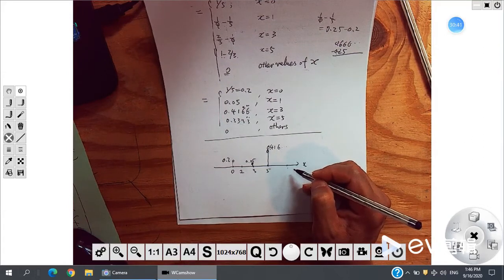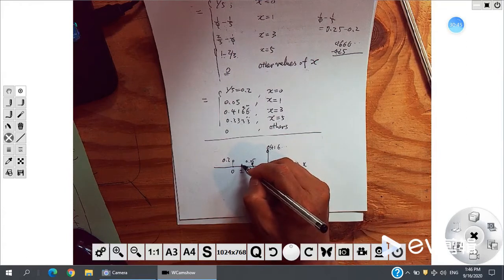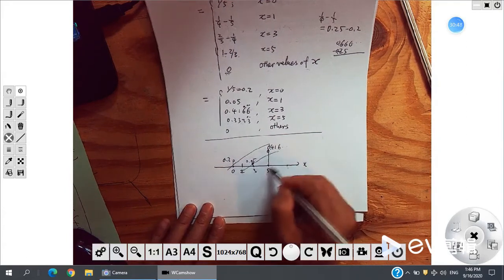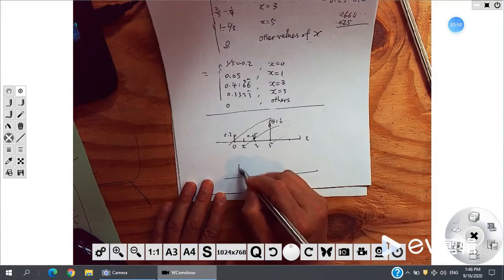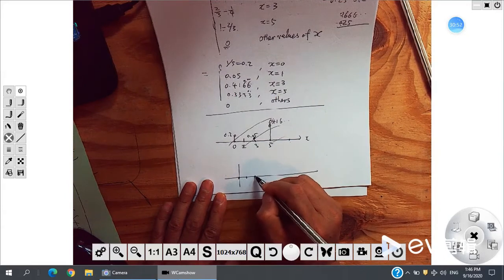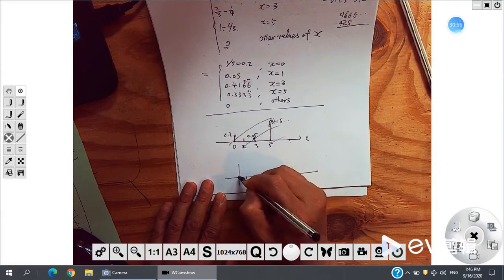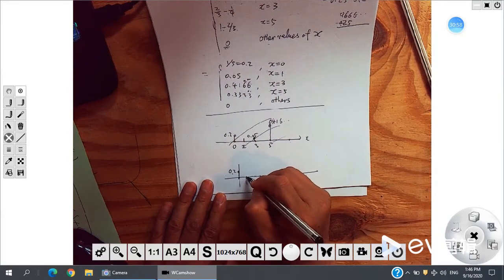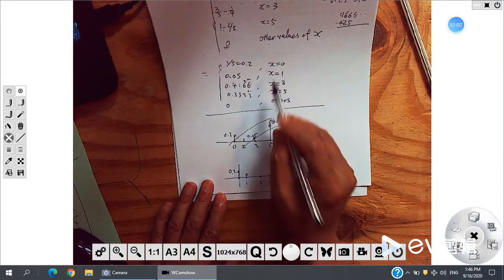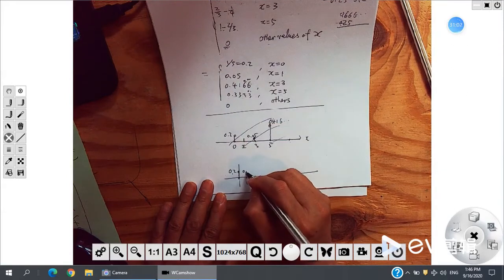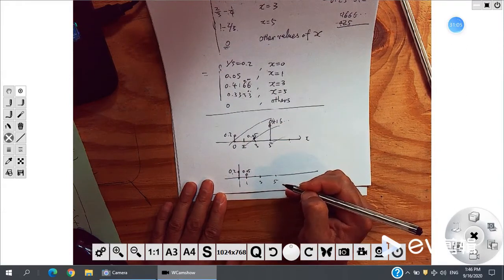I think I missed something. Oh, sorry, 0.5 is here. x is 0, 1, 3, 5, and here's 0.2, and when x is 1, it's 0.05. All right, this time is good.